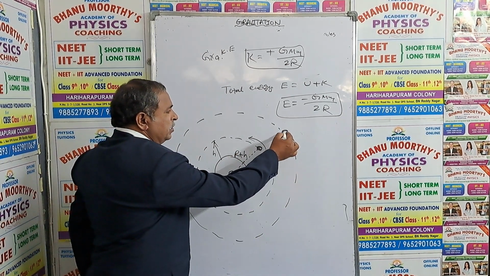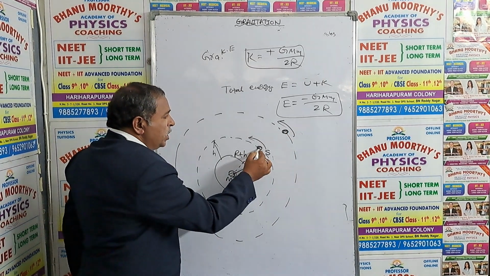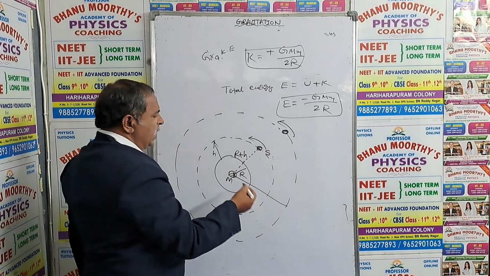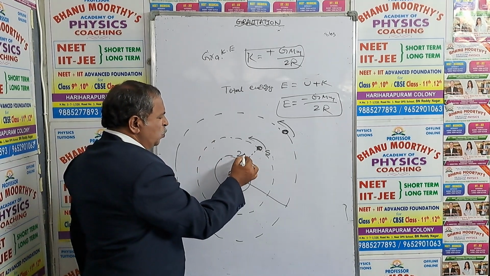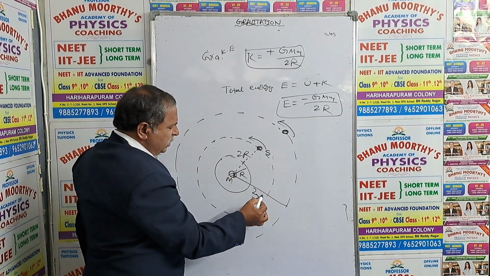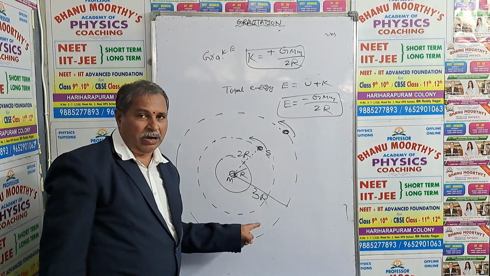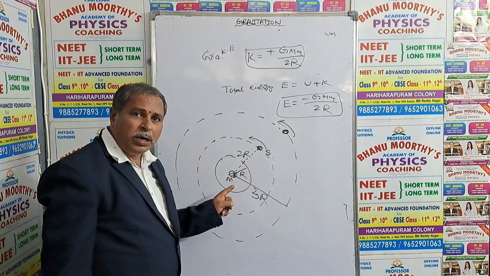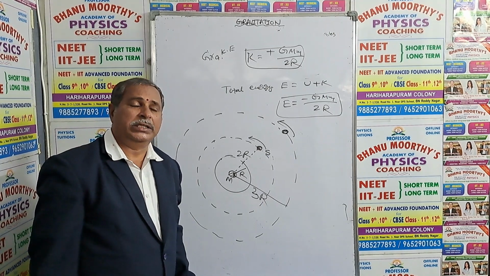For example, the radius of the first orbit is 2R and the radius of the second orbit is 3R from the center. From radius 2R to radius 3R, the body is taken. What is the work done?